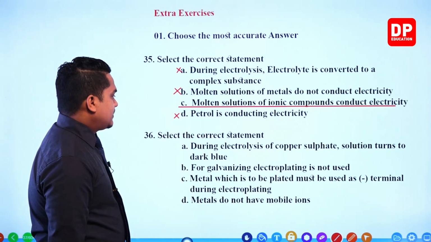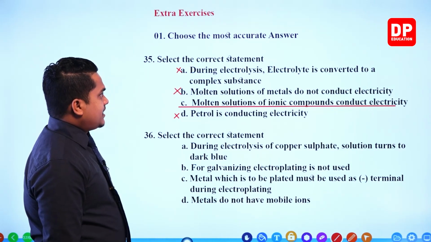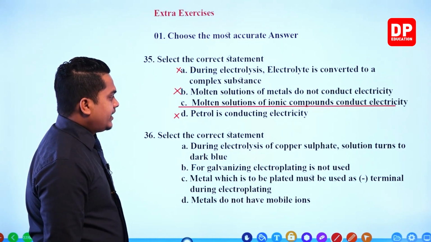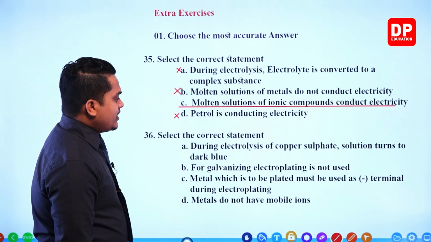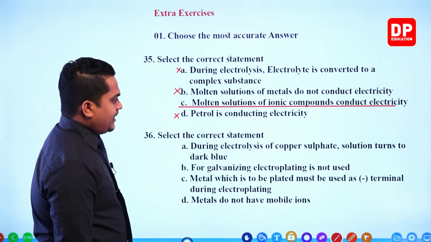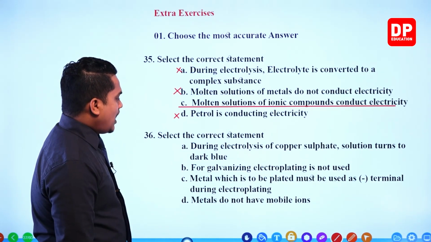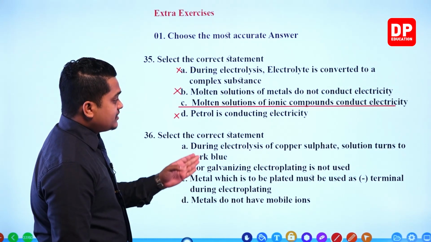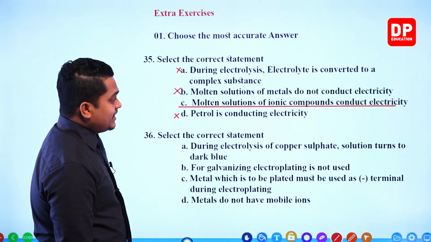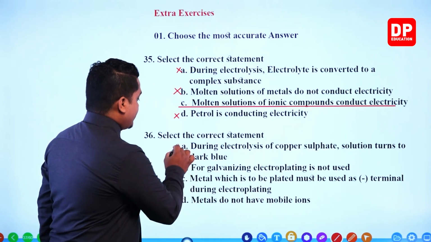Right. 36. Select the correct statement. During electrolysis of copper sulfate, the solution turns dark blue. Totally incorrect.